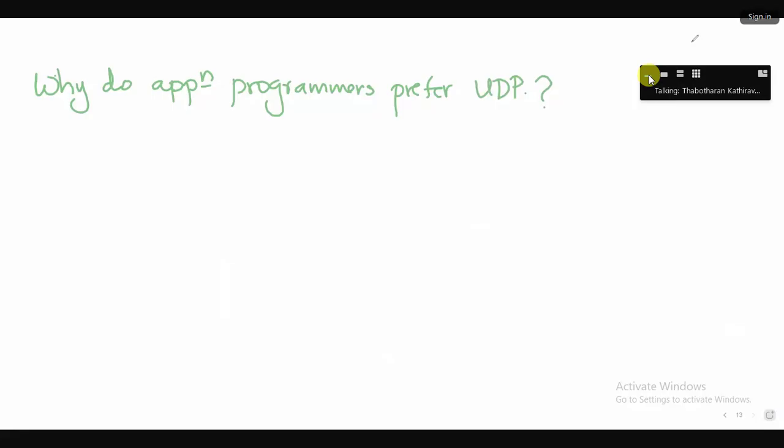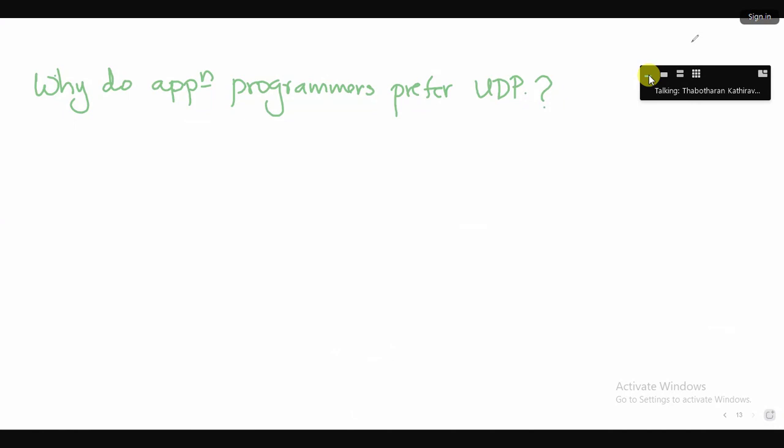We haven't seen TCP a lot, but UDP is not a very reliable protocol. It doesn't give any guarantees. A lot of issues are there. Then why does anybody prefer to have UDP protocols?